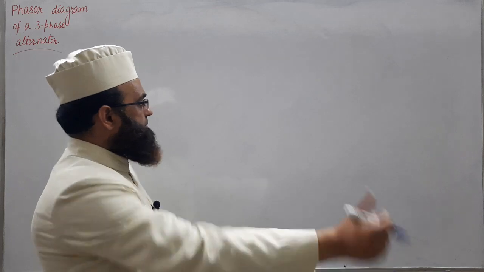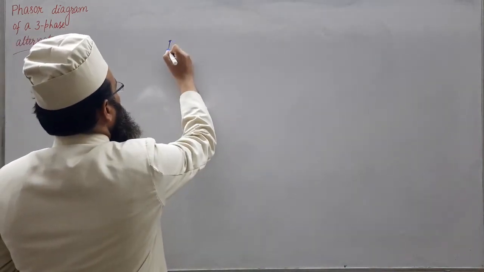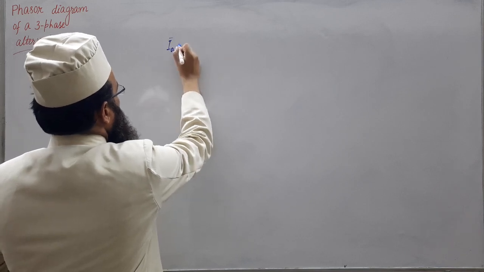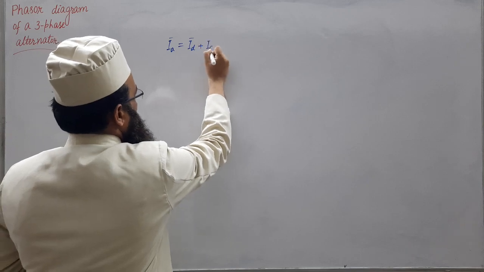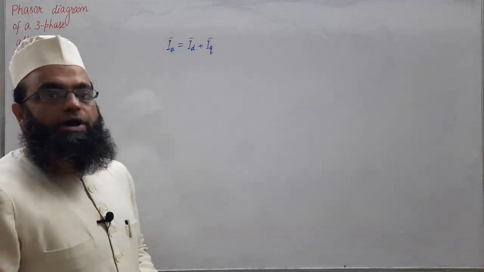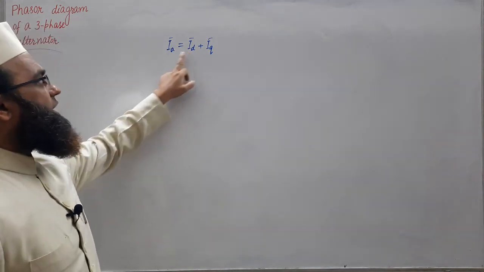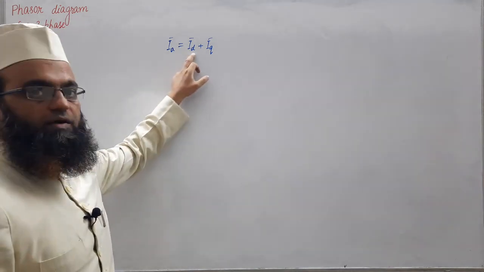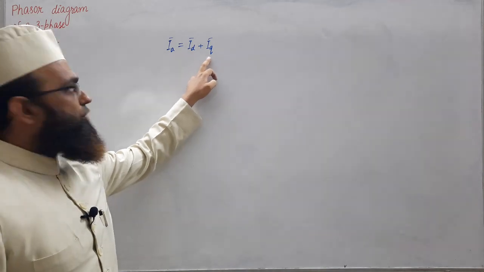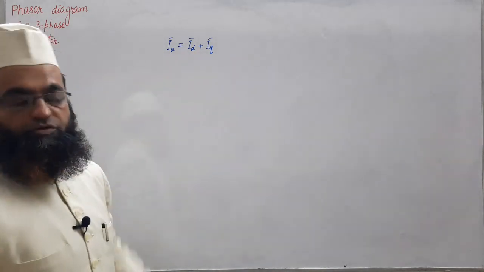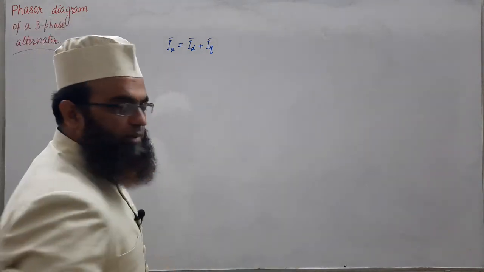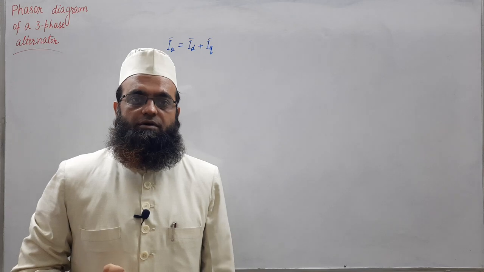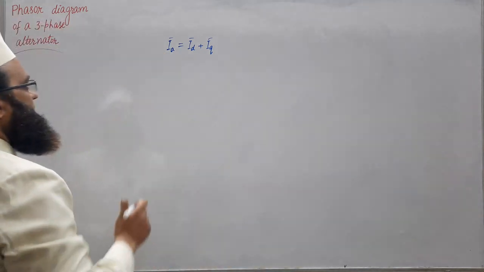Based on two reaction theory studied in the previous lecture, we have two components of armature current as ID and IQ, where ID is the component of armature current IA along the D axis, and IQ is the component of armature current IA along the Q axis.